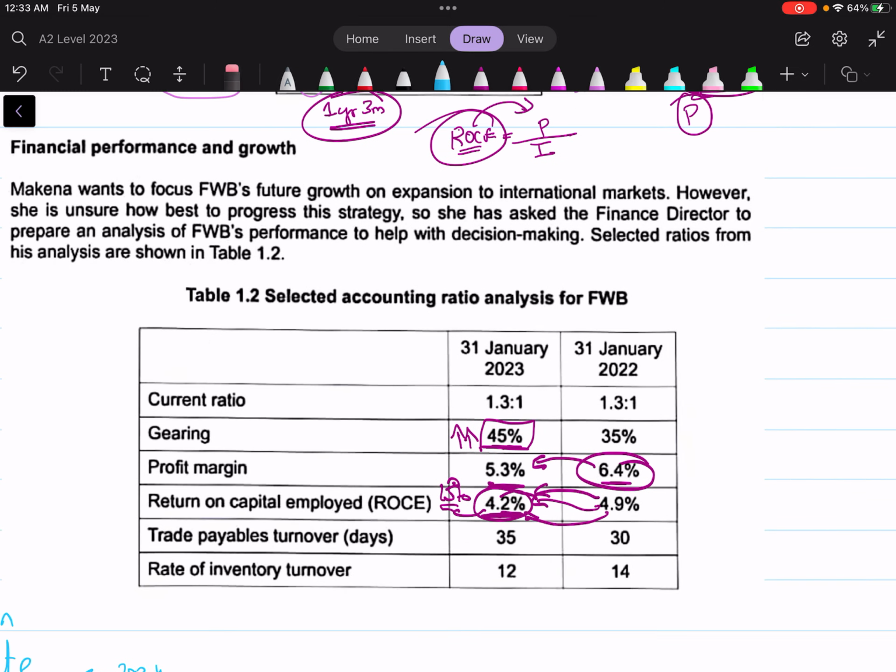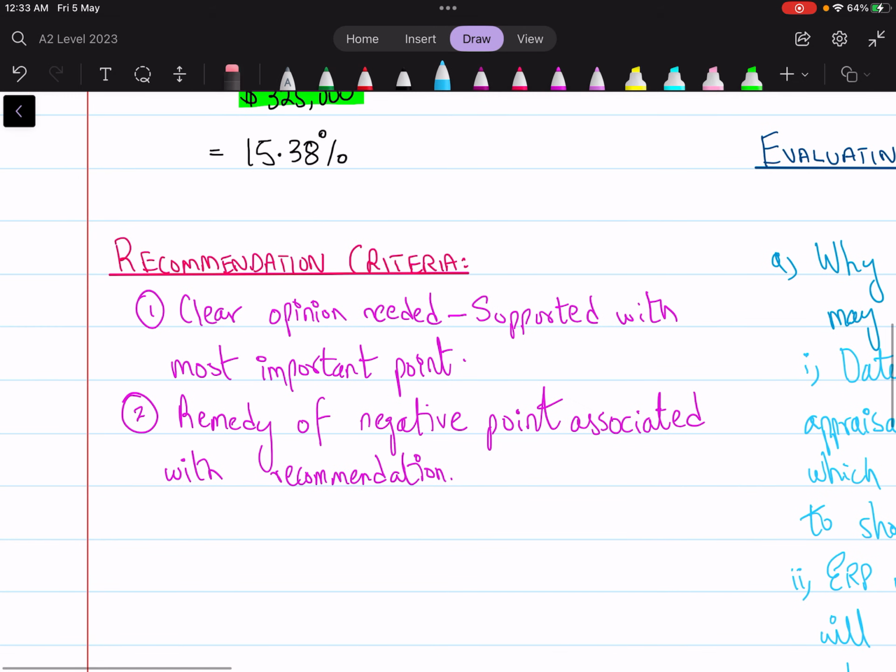So you're going to see the size of the business increase, and that comes with both benefits and drawbacks. So there are chances for diseconomies of scale, and one of those diseconomies of scale is poor coordination and communication amongst departments, which can be solved by the implementation of ERP. There you go. So that can be a most important point.